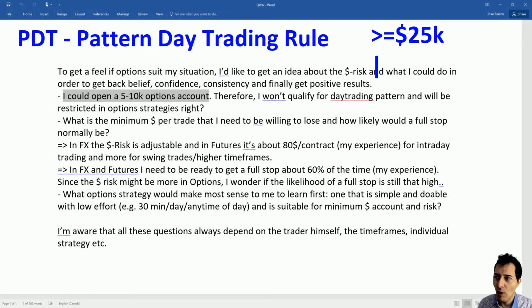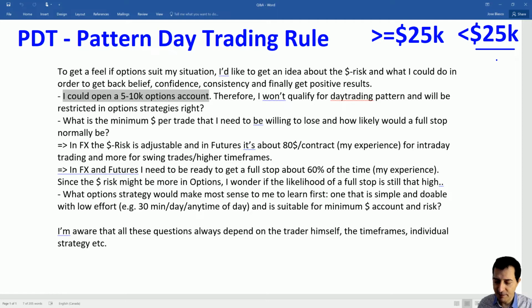Now, what if your account is under that? Well, if your account is under 25K, then your account would not be qualified as a PDT account. And therefore, even though it could be a margin account, the problem is that now you are restricted by the pattern day trading rules.